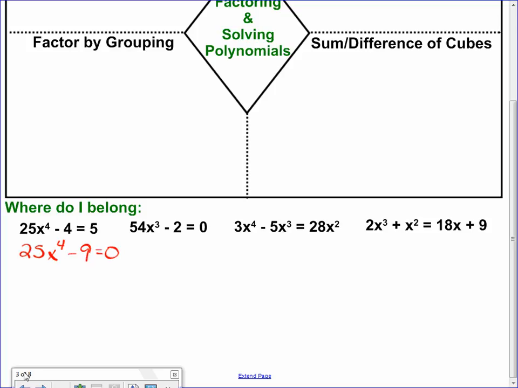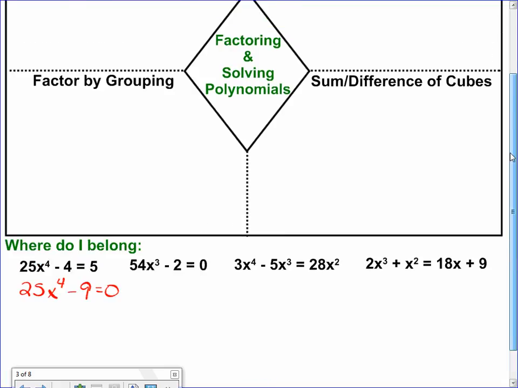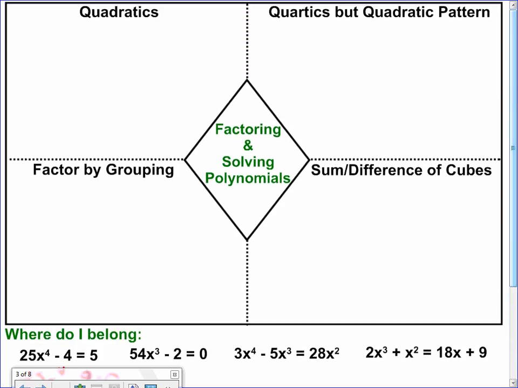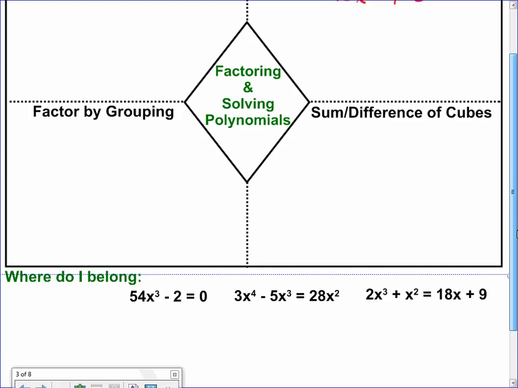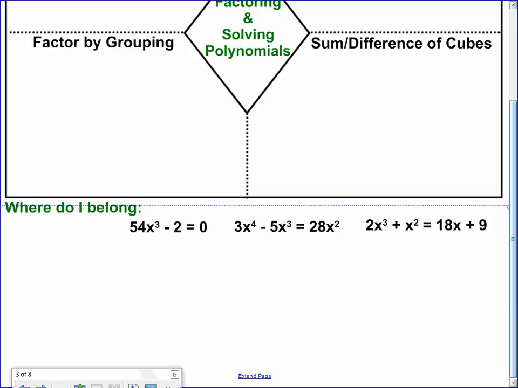No. So which one does this fit in? Is it quadratic? Is it quartic? Is it the cubes? It is quartic, because it's got an x to the fourth. So we're going to move this one over into the quartic. All right, so that's where that one goes. We'll go back and finish it in a minute. Let's just see if we can practice sorting them first.